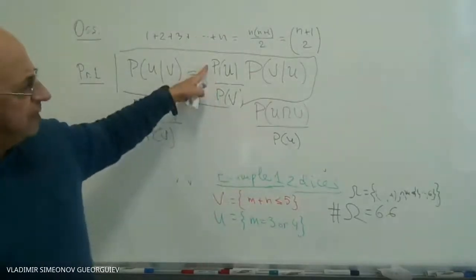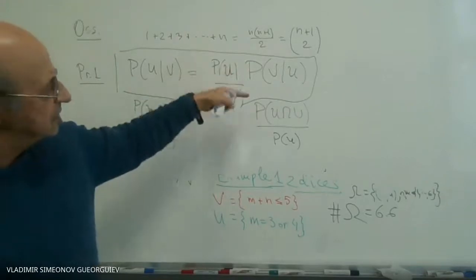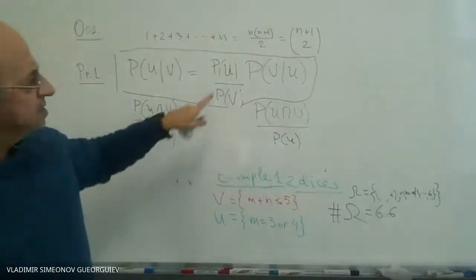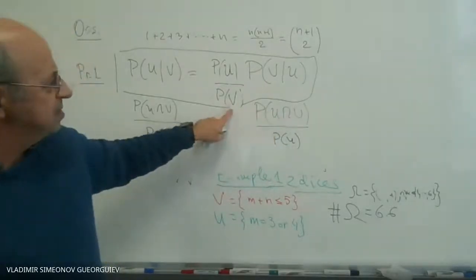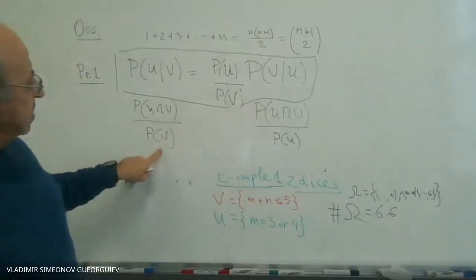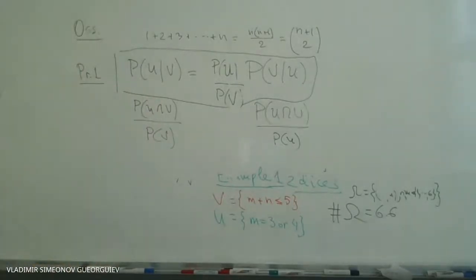So if I multiply by P U divided by P V, it is clear that P U with P U cancels, and we have P of U intersected with V divided by P V. And this is exactly this conditional probability. Therefore, we have a relation that is given by this relation. And of course, if we have a concrete example, we can use this relation.